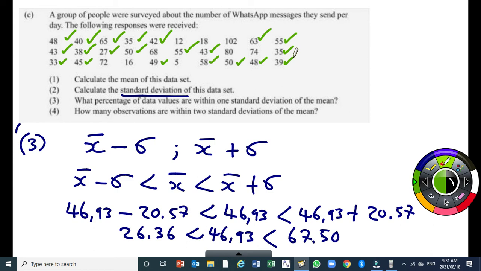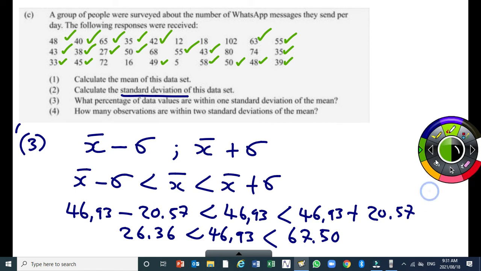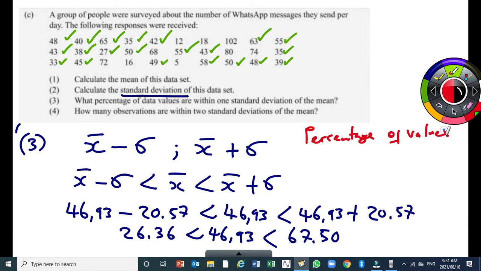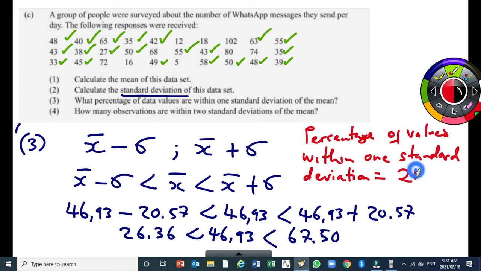Now the question is, what is the percentage of those values? That percentage is very simple. The percentage of values within one standard deviation is going to be equal to 21 over the total number of values, which is 30. 21 over 30 gives you 70%.